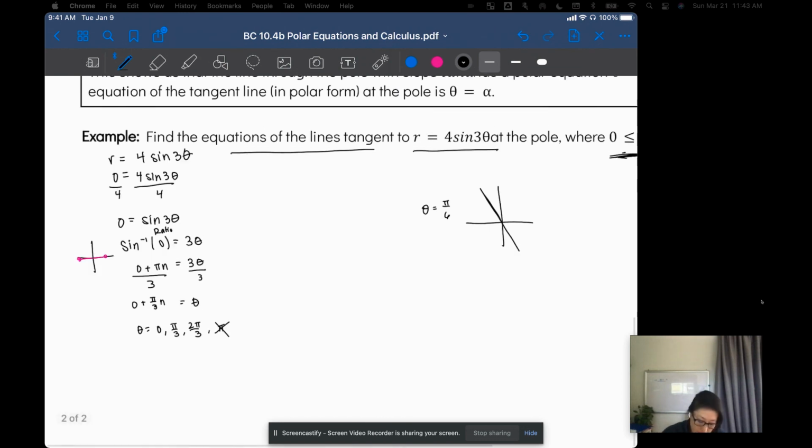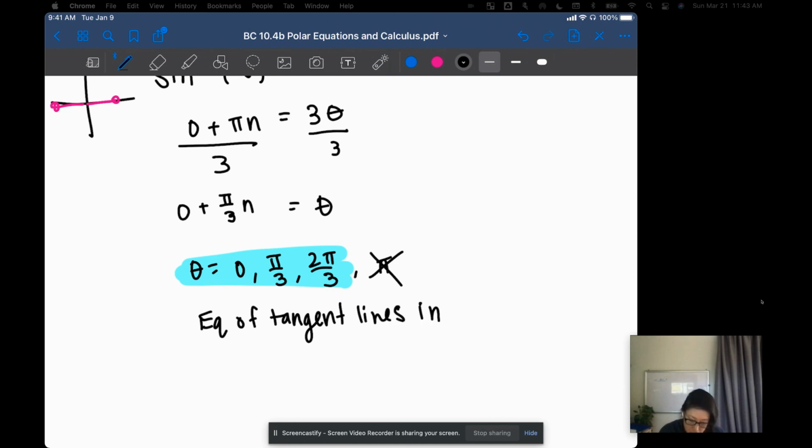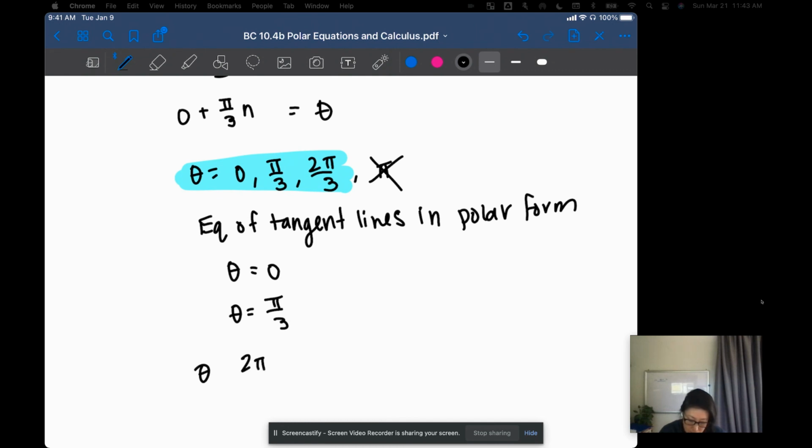So when I get my angle measurements for the tangent lines at the pole, and write theta is equal to 0, that is the equation of the tangent line in polar form. So separately, we can write them as theta is equal to 0, theta is equal to pi over 3, and theta is equal to 2 pi over 3. And these would be our equations of our tangent lines at the pole. That's it. Okay.